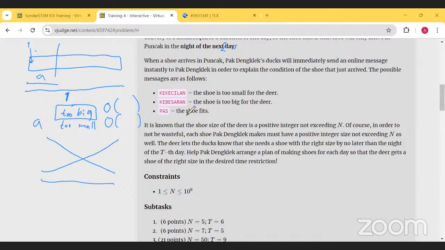So the complexity is like this: 2 log 1 divided by a. Why? Because if the response is too big, our query is redundant. So every time we query twice, we only get 1 response.